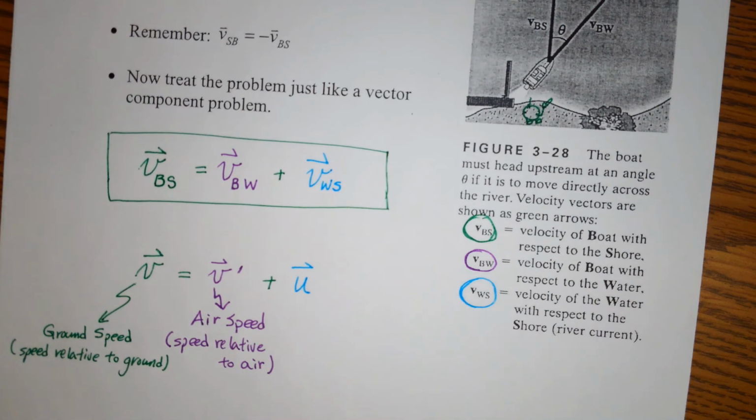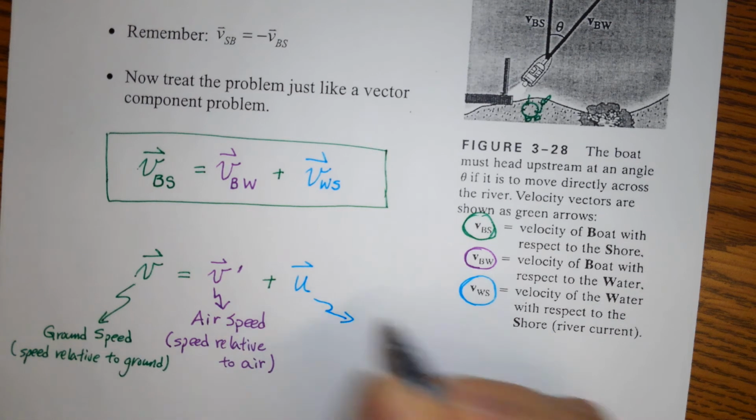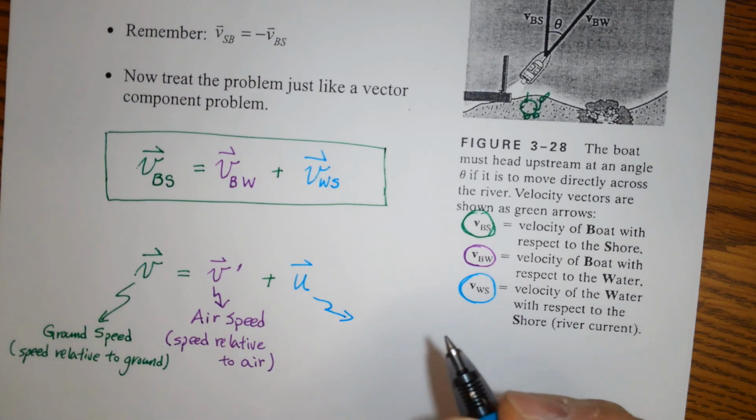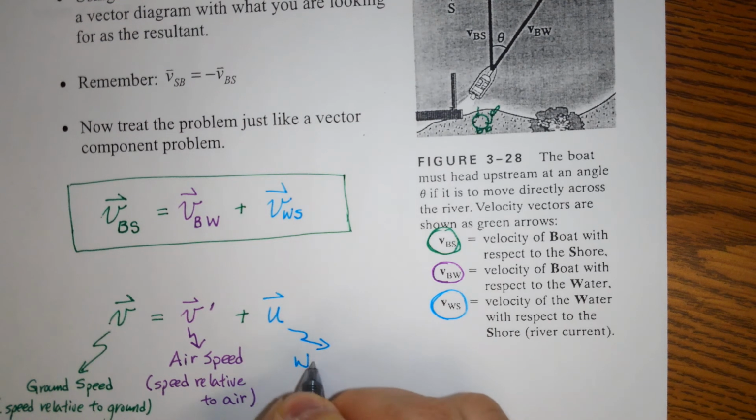Okay, this is how fast the airplane can fly. But if there's any other wind involved, the airplane can actually speed up or slow down depending on the direction of the wind. And this is known as the wind speed.